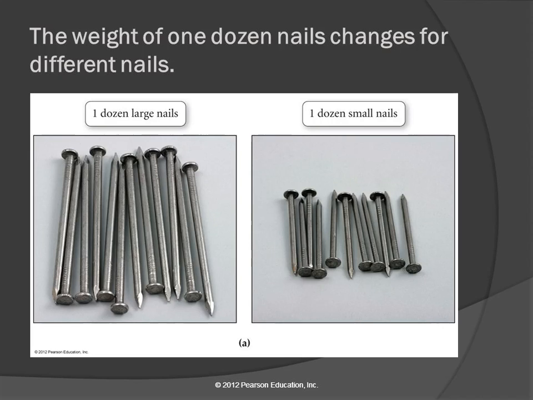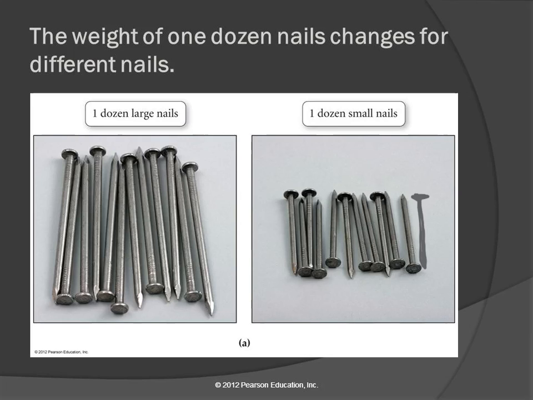Seriously, the point of your picture is a dozen nails, and you can't manage to get a dozen nails in the picture. And yes, it bothers me. And so, here we go. Okay, so now, there we go, 12 nails.